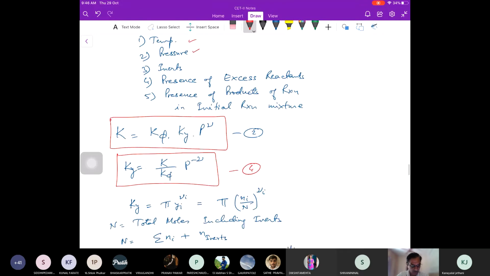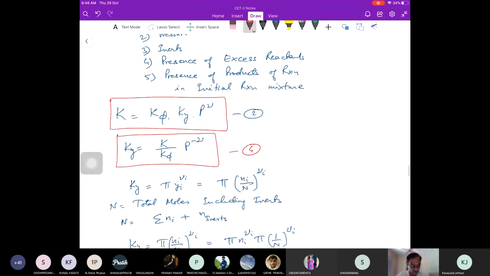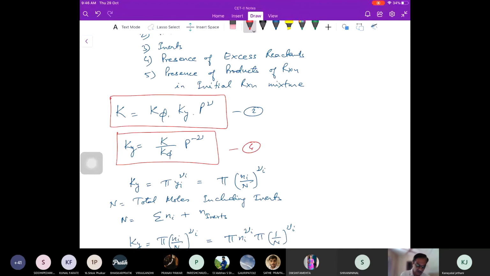Okay, so we have seen equation 2, K is equal to K phi into Ky into P raised to power of nu, which we can rearrange, taking Ky to one side. So what you get, Ky is equal to K upon K phi, and if you take P on the other side, you get P raised to power of minus nu, equation 4.